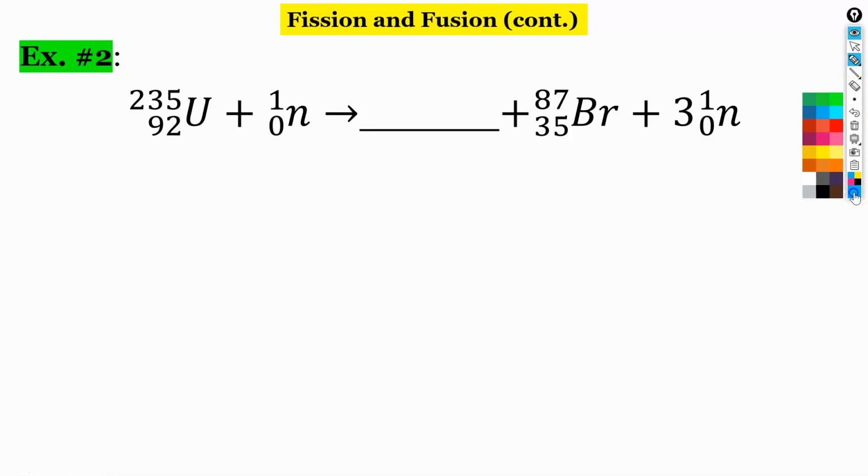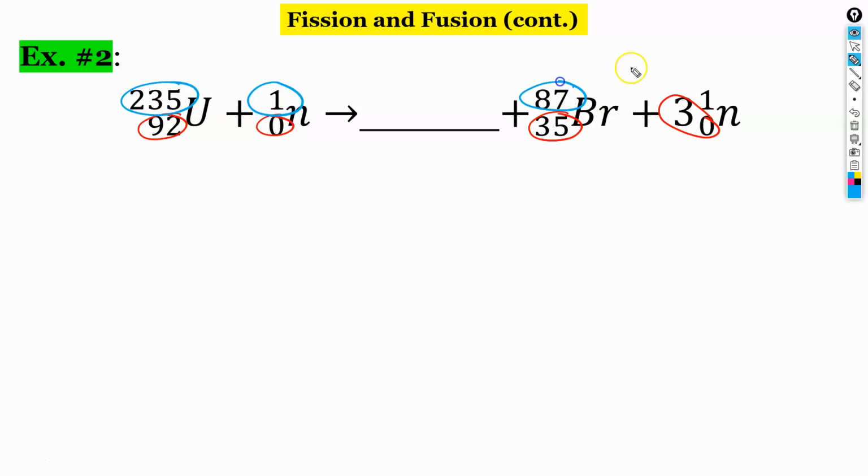All right, here's another example. Same thing. We're going to take a look at all of the number of protons, make sure those are equal, and then we'll do the same thing with the mass numbers. So let's start with the protons. 92 plus 0 is 92. We have some number here, plus 35. 3 times 0 is 0.